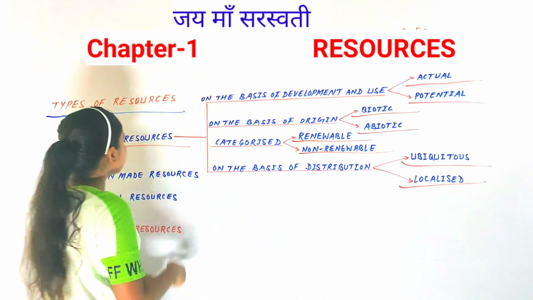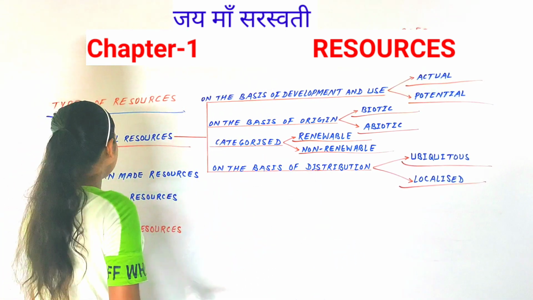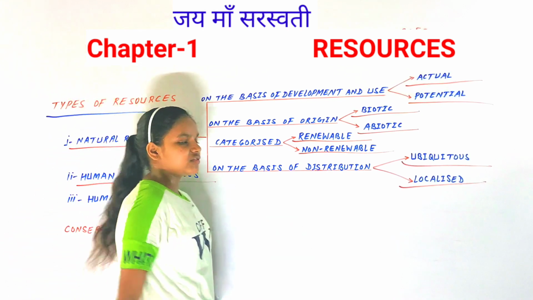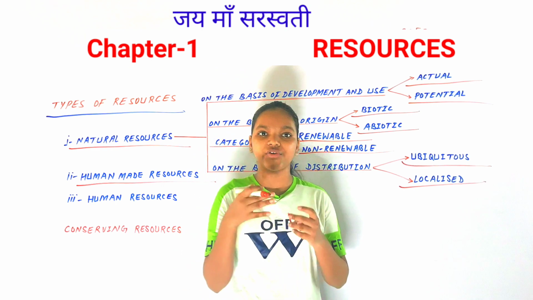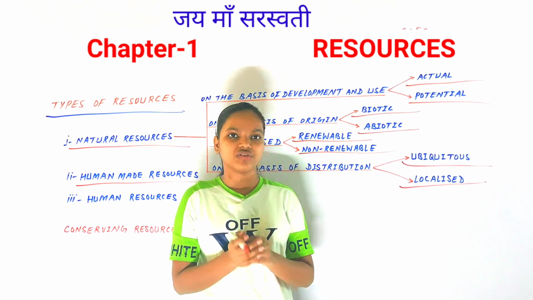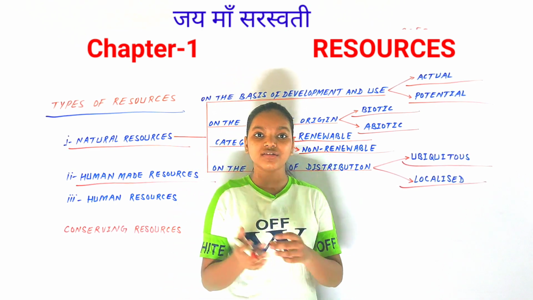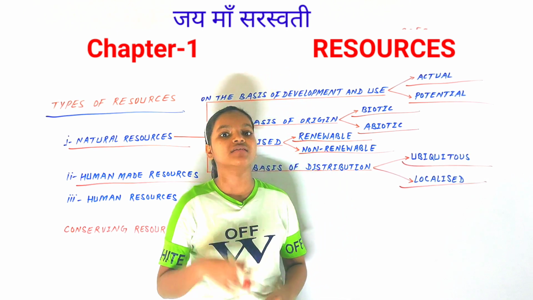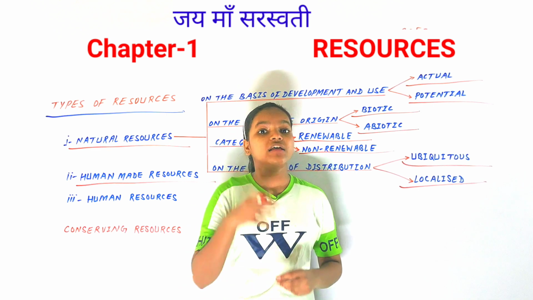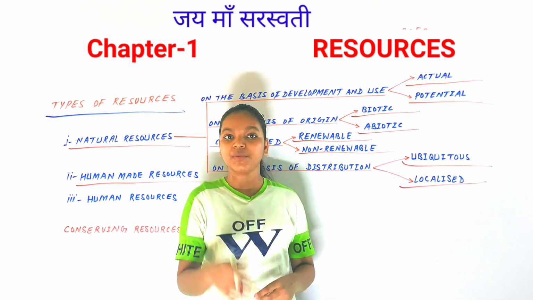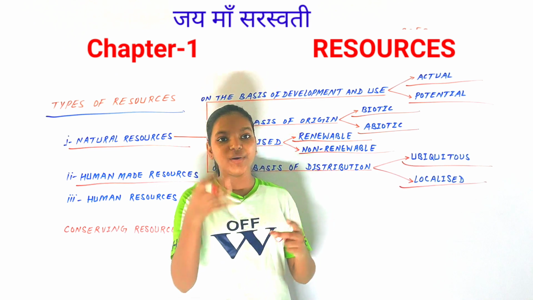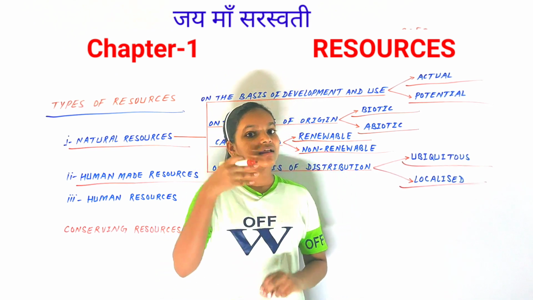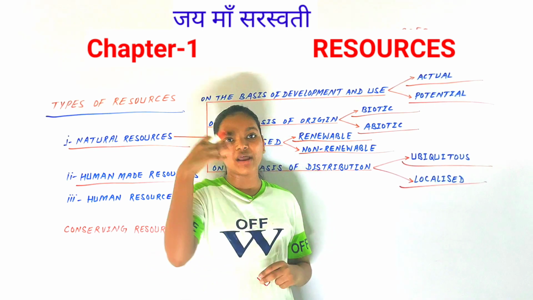Now, that was our first resource type, natural resources. Next is human-made resources, the second type of resources. As we have seen, natural resources don't need any modifications, but human-made resources are made by humans. For example, bridges, vehicles, buildings, and roads are human-made resources, because they are converted from natural resources.